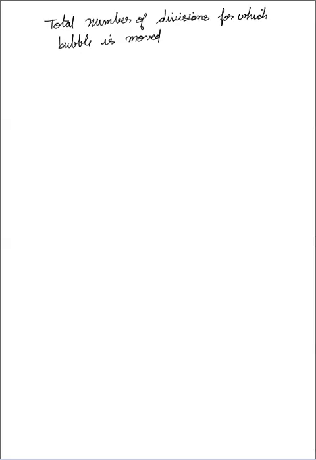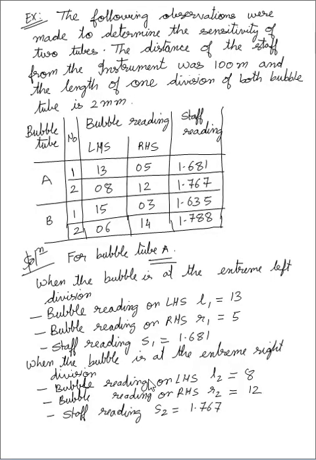Here the formula is small n equals L1 minus R1 minus L2 minus R2, divided by 2. We know the values of L1, R1, L2, R2, which I have written here.